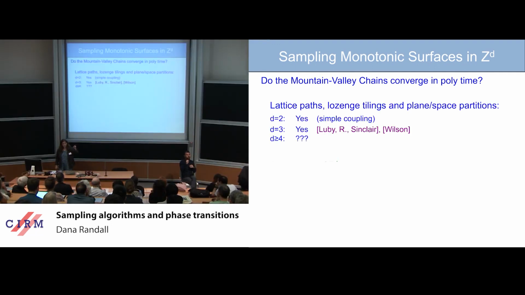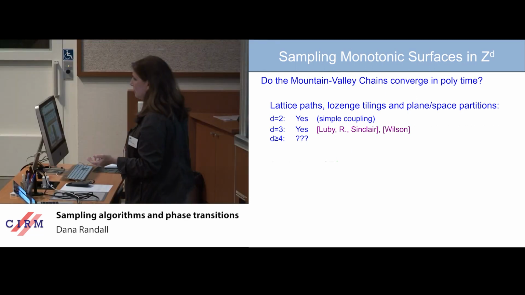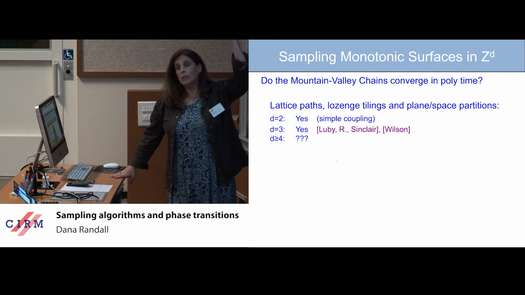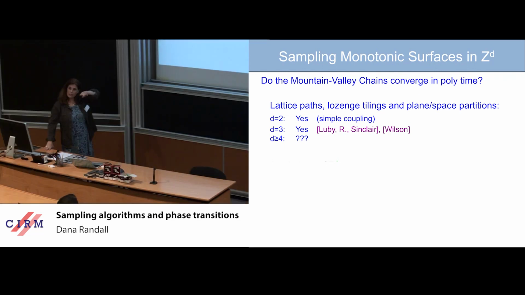So for the monotonic path picture, this is the edge disjoint picture, or sorry, the vertex disjoint picture. In 2 dimensions, that's when you have a single path. I said there's a really easy coupling proof, so this is pretty straightforward to show that it mixes quickly.